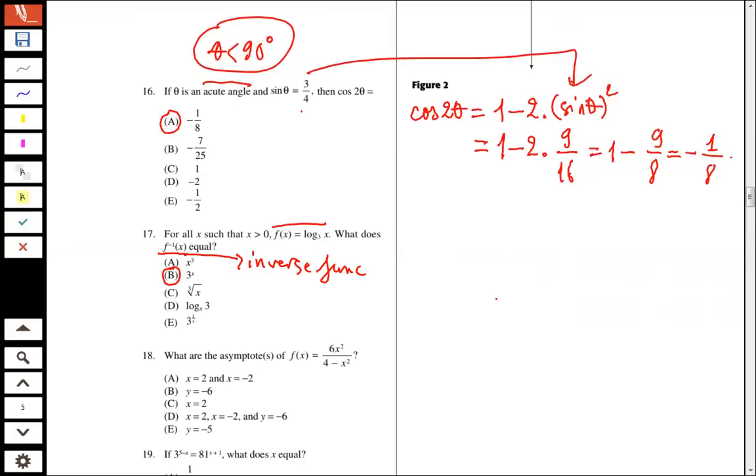In general, the inverse of a logarithm function is the exponential function.